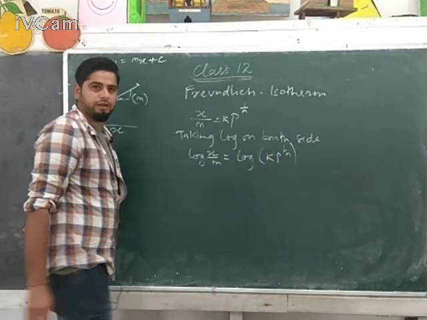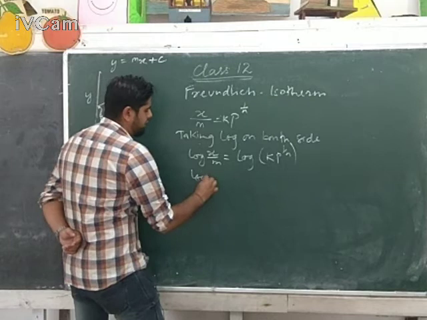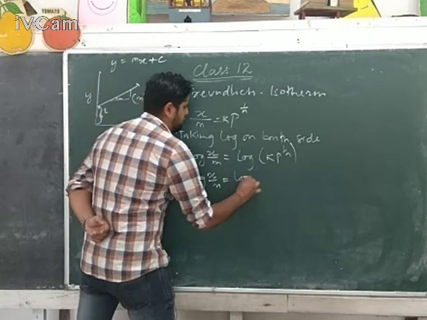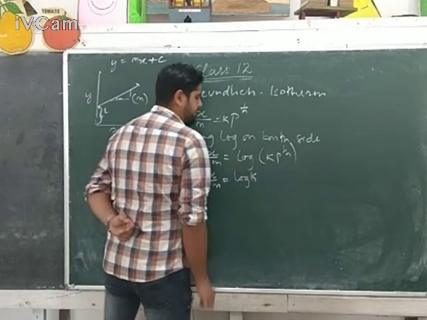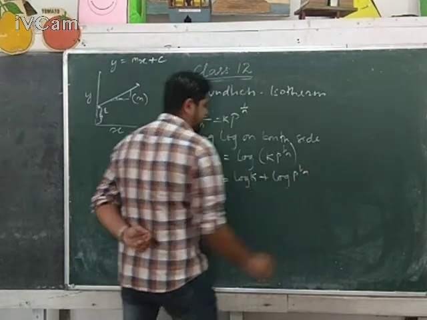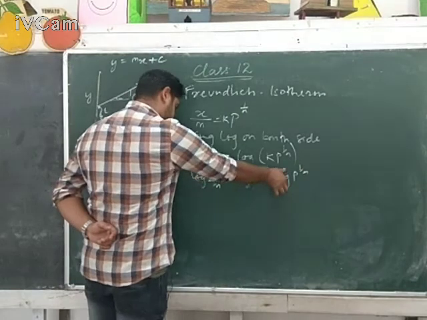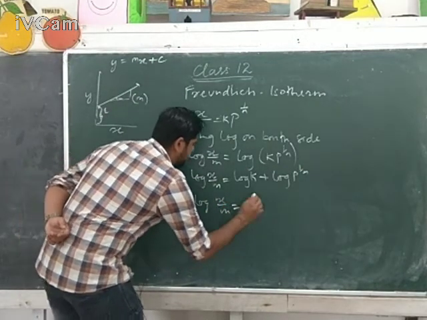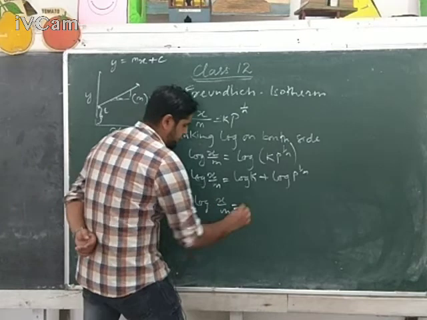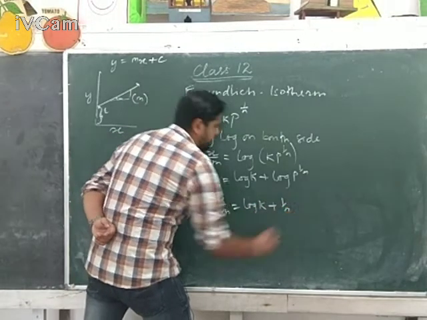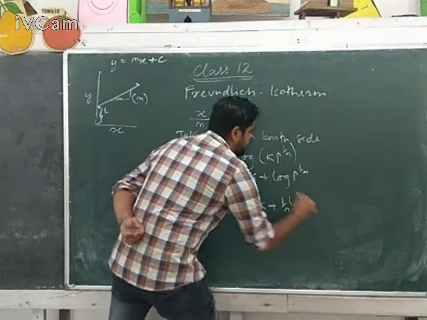If you know the property of log, this will be log x by m equals log k plus log p to the power 1 by n. Using another log property, it becomes log k plus 1 by n times log p.